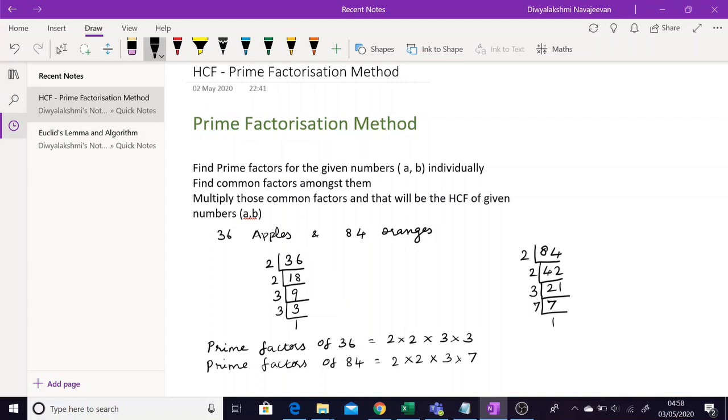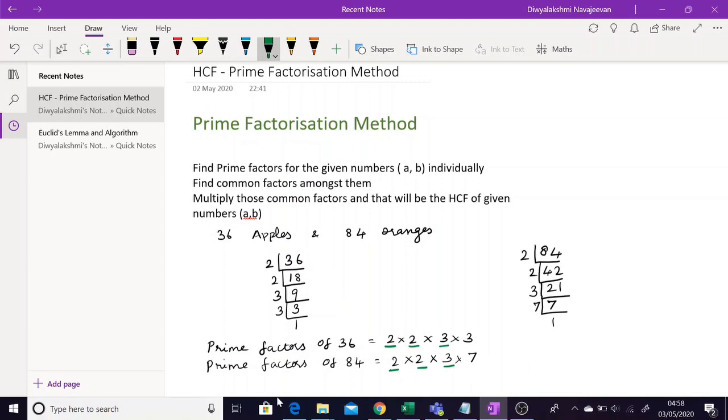So now we have completed the first step, which is finding the prime factors for the given numbers a and b separately. The second step is to find the common factors amongst them. So you can see, let me underline the common factors. You can see 2, 2 and 3. These are common amongst the prime factors of both 36 and 84.